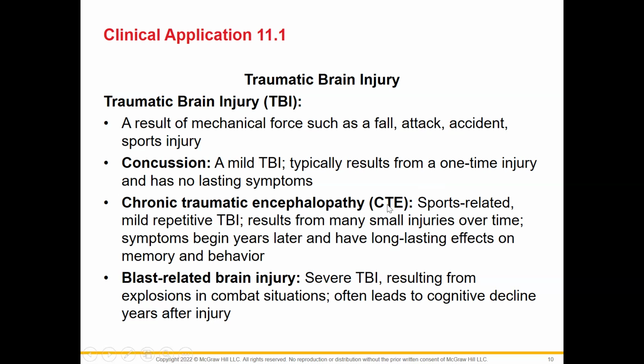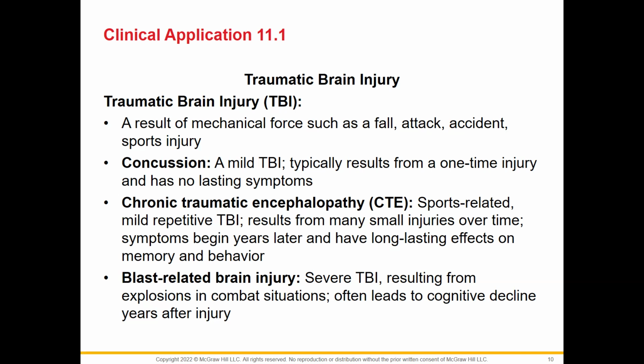So it's also called CTE. CTEs are sports-related injuries because athletes in their sports tend to do these functions or actions over and over again. The actions that cause the concussion can continuously cause concussions, which can lead to chronic traumatic encephalopathy.